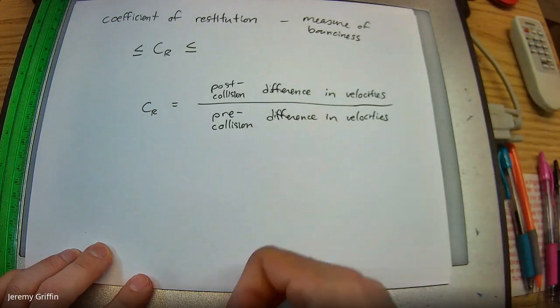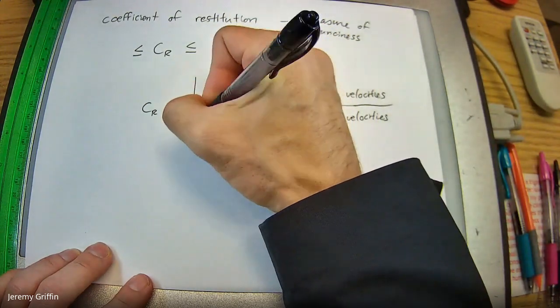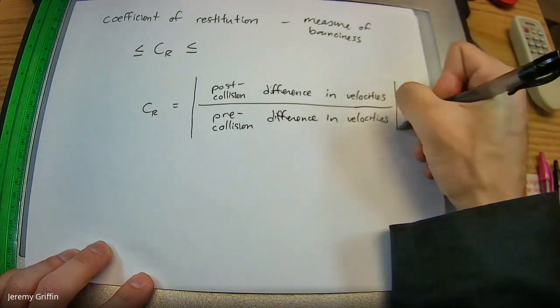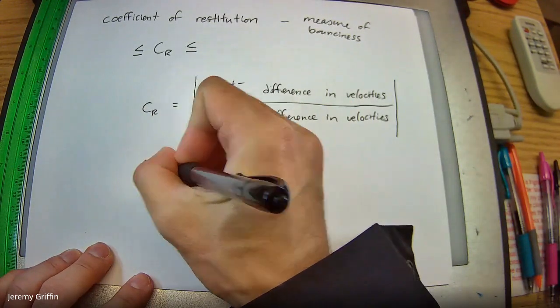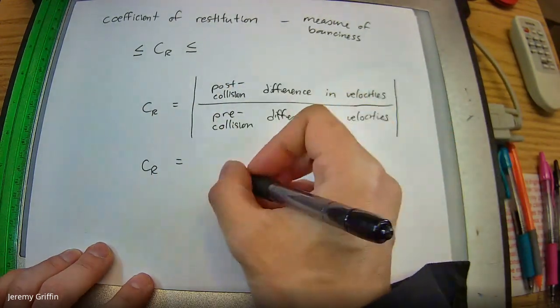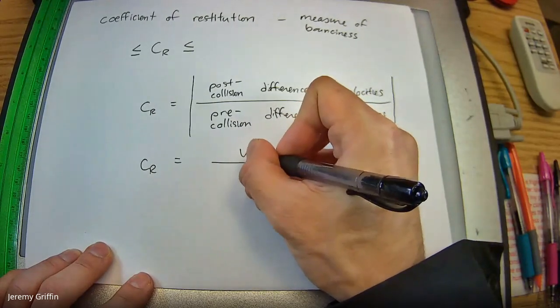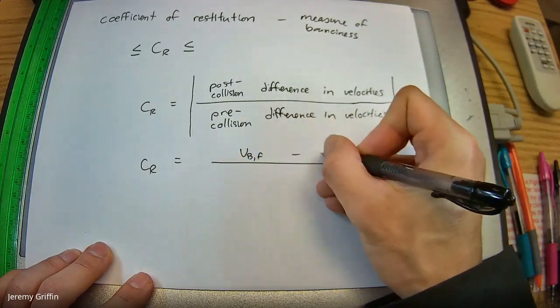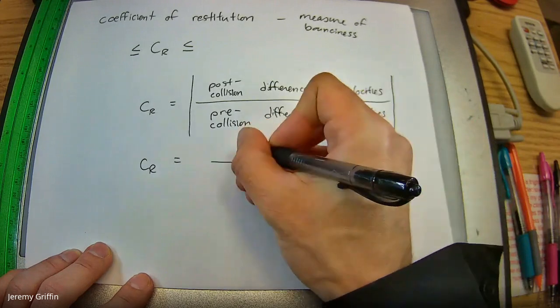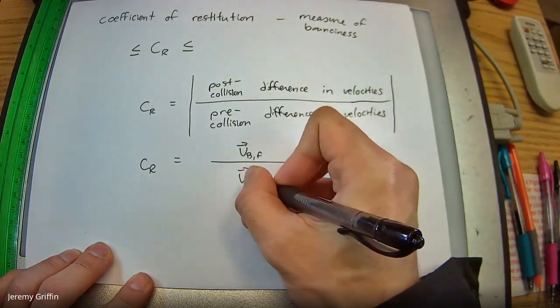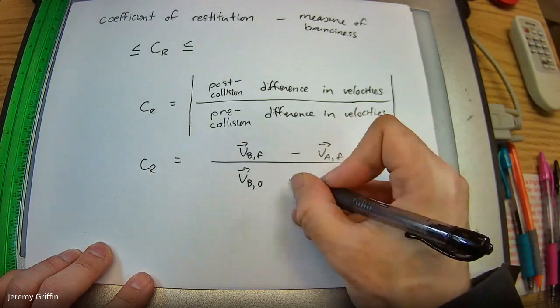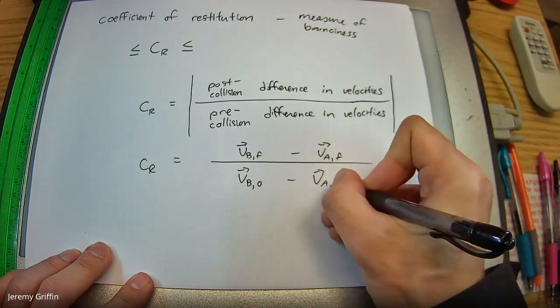And then I'm also going to throw absolute value bars around this thing, because there's a certain intuitive way of putting this together, but it always comes out negative. So velocity B final minus velocity A final, these are vector values, okay? All divided by velocity B pre-collision minus velocity A pre-collision.